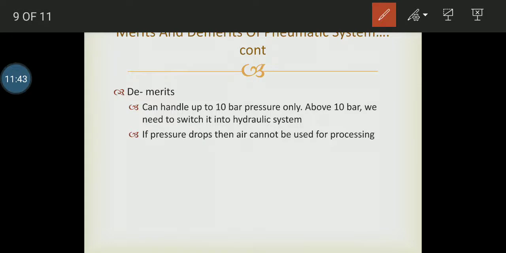It creates a pressure drop, so we cannot actually process without the use of this medium. So it is very important to maintain the complete pressure over there.